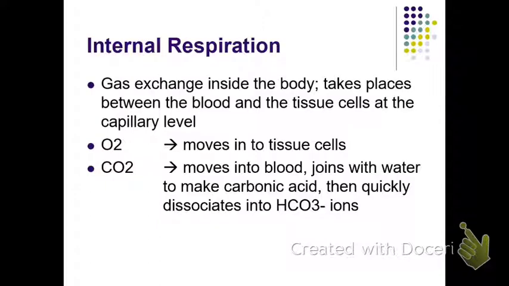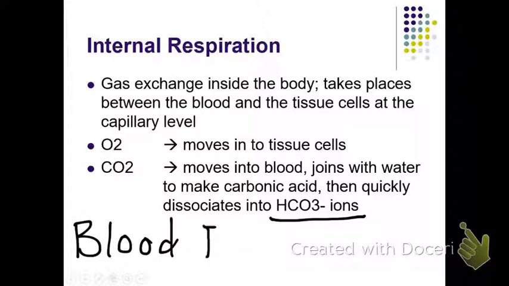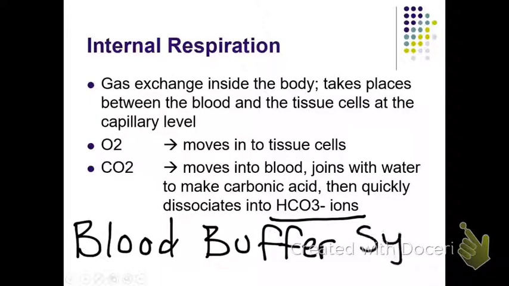And so with the gas exchange that happens, O2 wants to move into the cells while the CO2 moves into the blood to make the carbonic acid, which then turns into this bicarbonate ion. And as I mentioned before, bicarbonate helps with the blood buffer system to maintain the 7.4 pH of the blood.